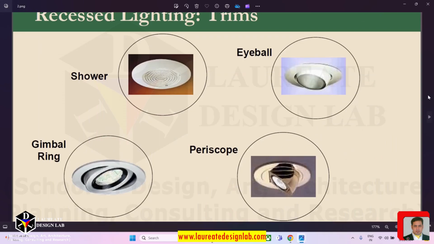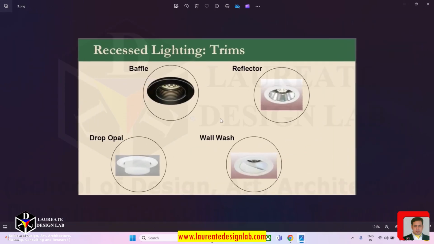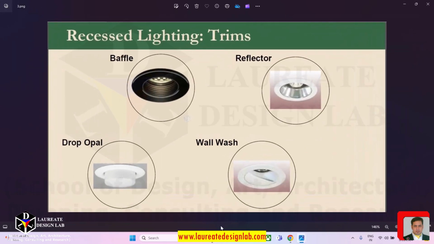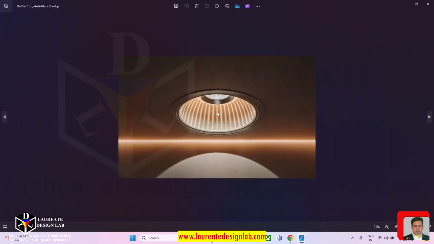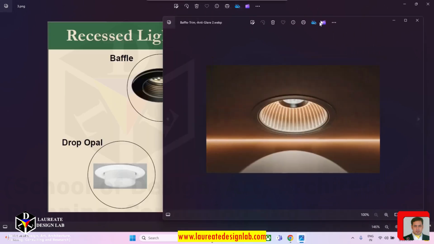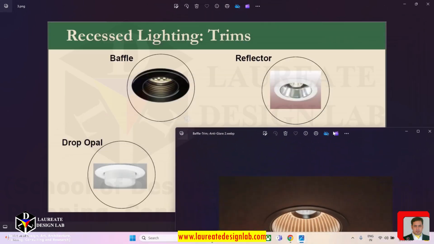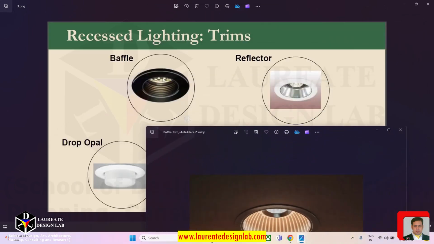And after this we'll move to the next one, that is baffle. So let's have baffle. This is the example of baffle light. How does it look? It looks like this. It has rings over here, and the light source is far inside the overall casement.